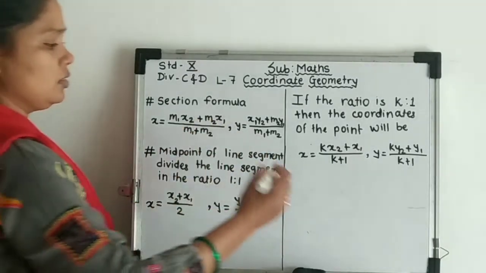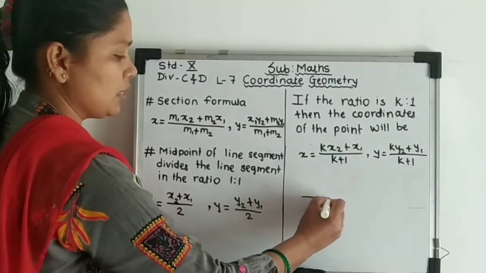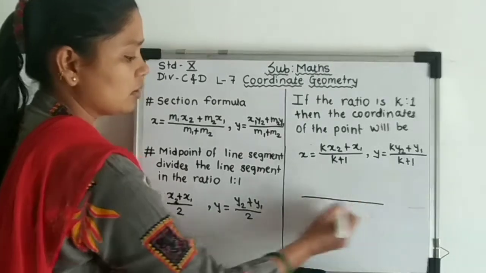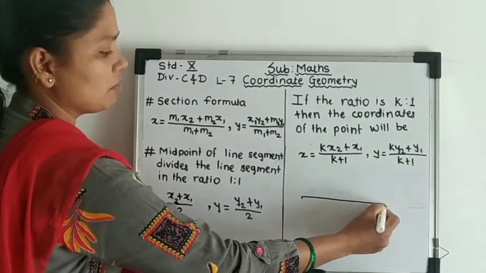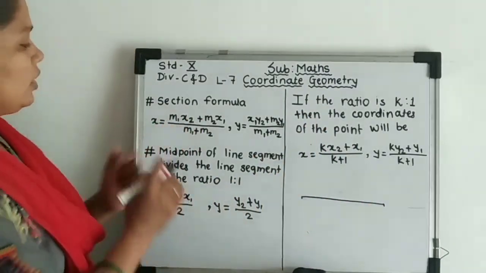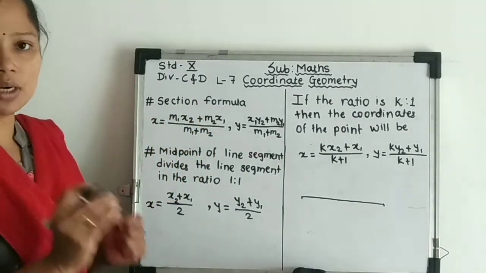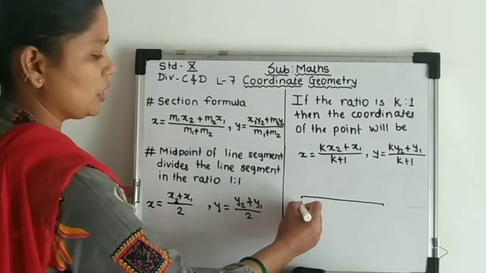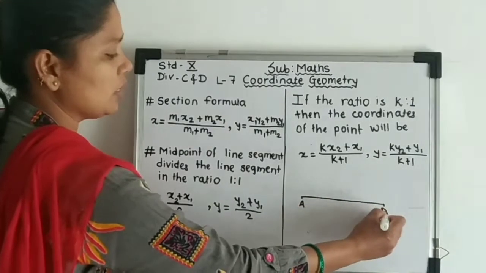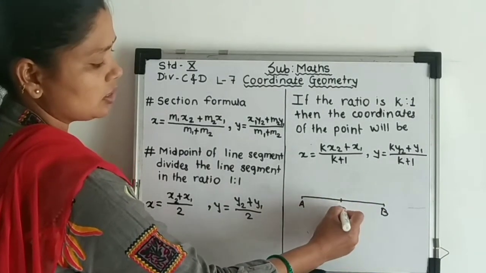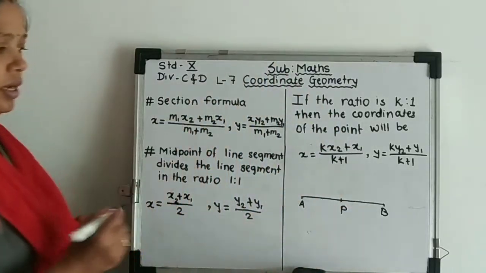Here, suppose this is the line segment, which is divided into a ratio. That ratio, m1 and m2, is nothing but a ratio. Suppose AB is a segment and P is a point on it.